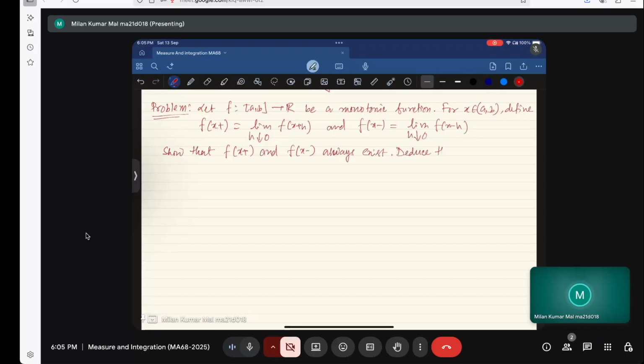Deduce that the set of discontinuities of f is at most countable. This is the first problem.